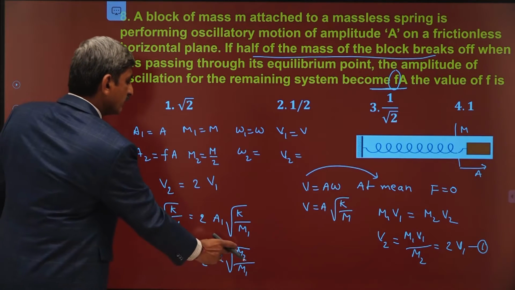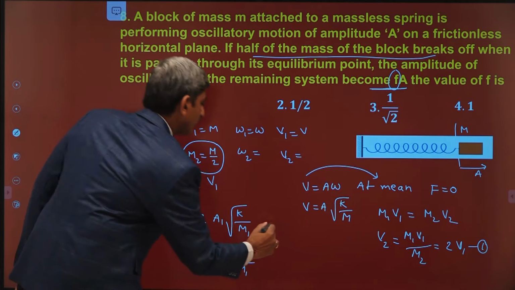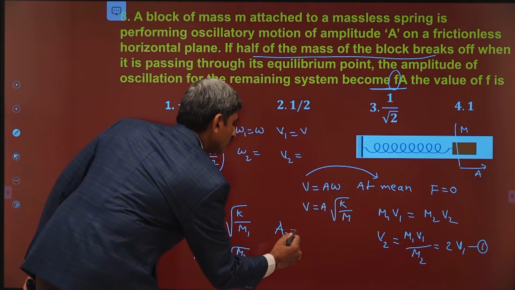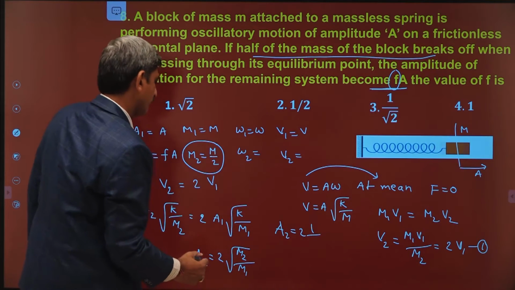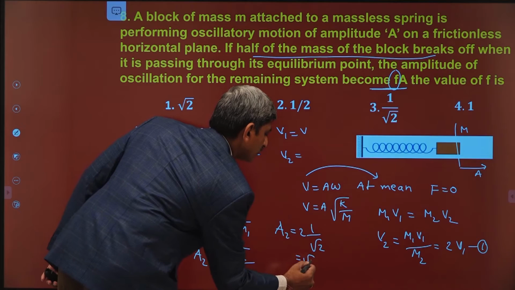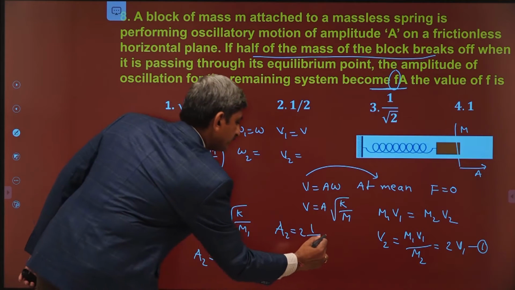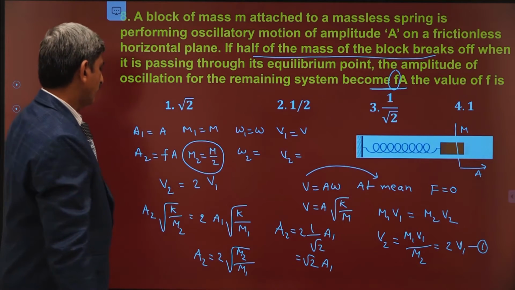Already we know that m2 is equal to m by 2. By substituting, it becomes A2 is equal to 2 into 1 by root 2, that is equal to root 2 A1.